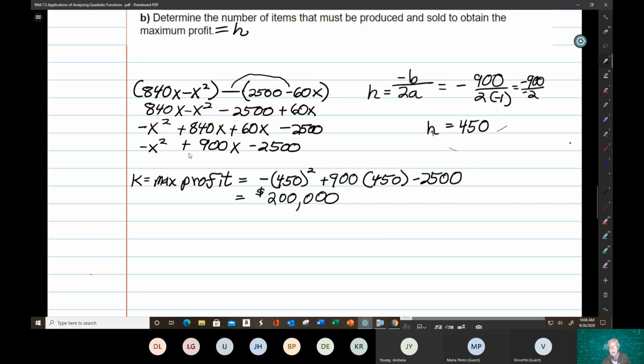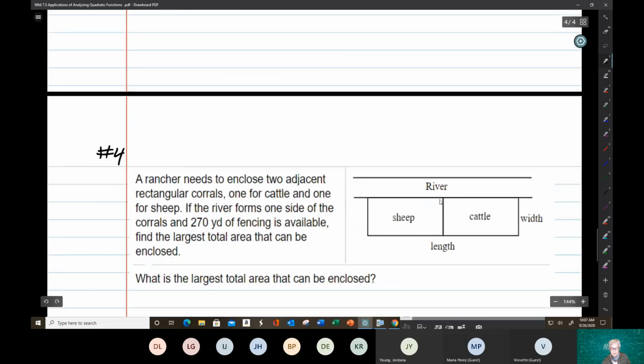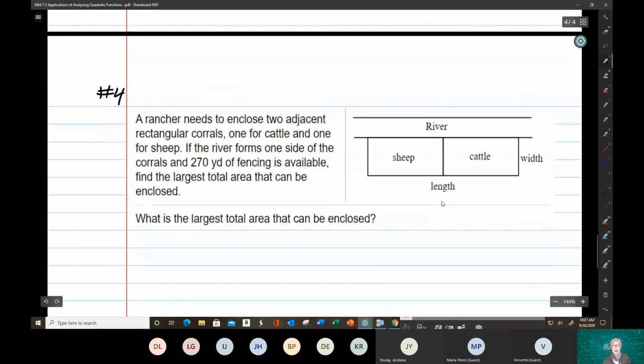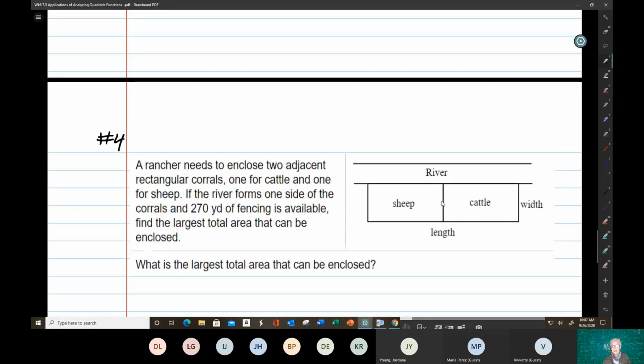Again, we're doing it this way because we have a quadratic. And then this is the last one of these. These are all of the problems. I think that's pretty good.